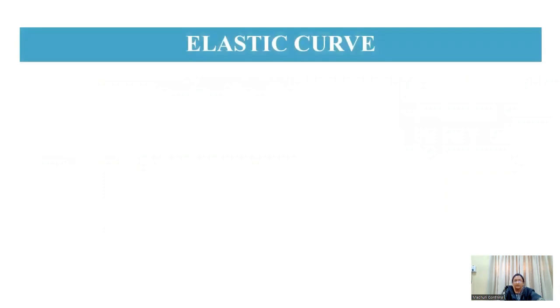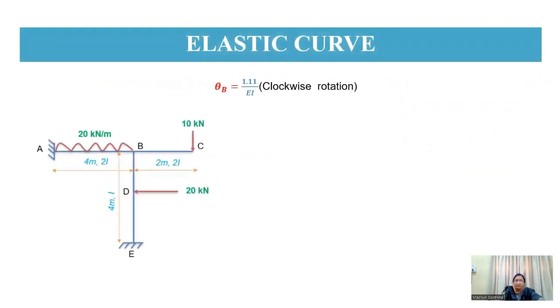So now, after getting this theta B, you are going to draw the elastic curve for this theta B. Since theta B is clockwise, it will be in this direction.